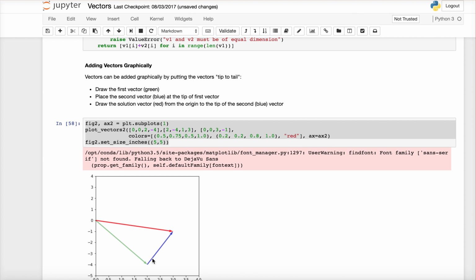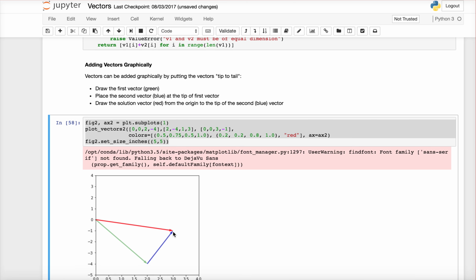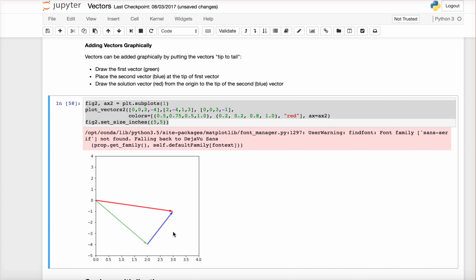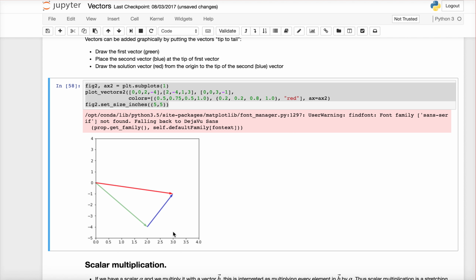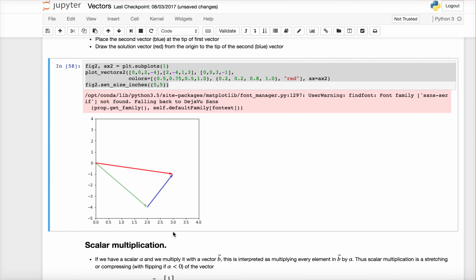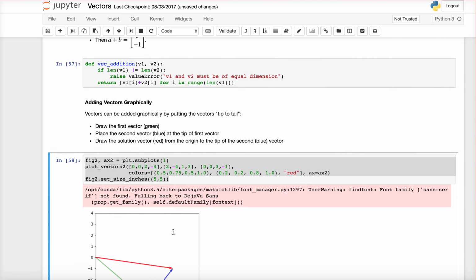And then I take my second vector, which I draw in blue, and I take its tail and put it on the tip of the green vector. And then where that now points to, I draw in red, and that's the value of the addition of those two vectors. Okay, so that's vector addition.